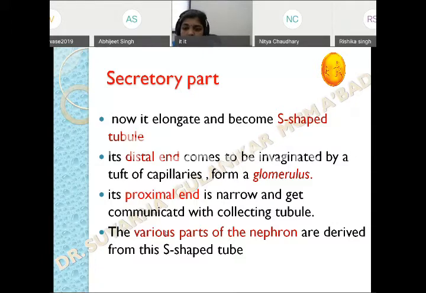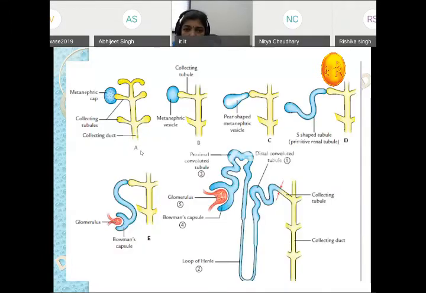So this is the secretory part. Again, it gives the same stages: the cap stage, vesicle stage, pear shaped, here only the comma shaped appears, and then S shape. Till this stage, there is no communication. Then the proximal part gets communicated and the distal part forms the glomerulus. So this is how the whole secretory part is formed.